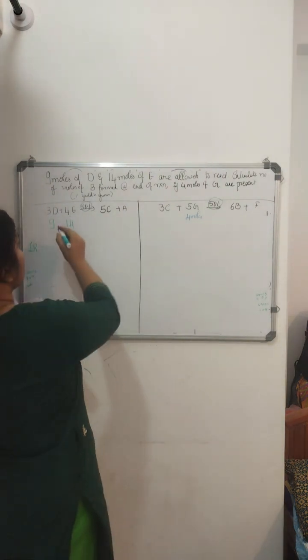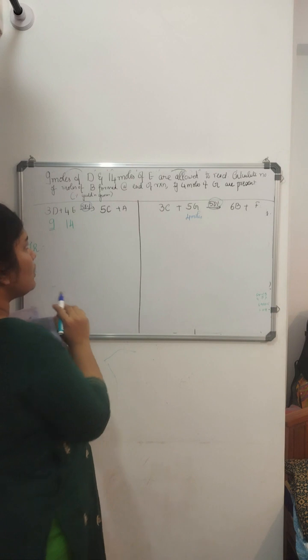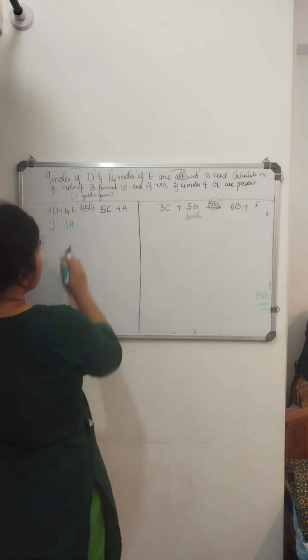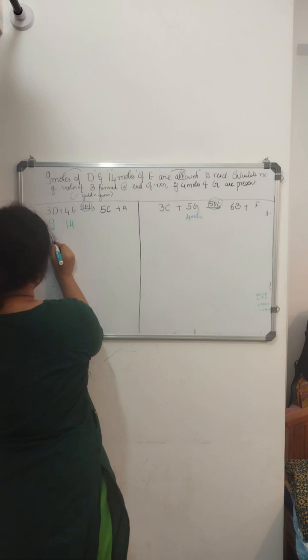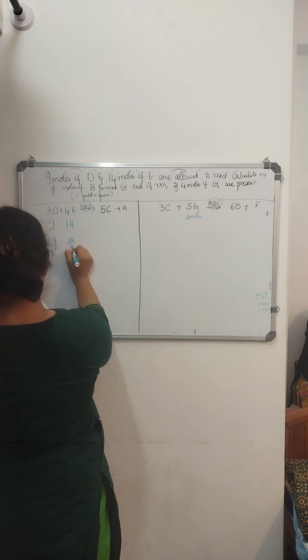As told, there are 9 moles of D and 14 moles of E. So let us first find what the LR is here. This is 9 by 3 and this is 14 divided by 4.